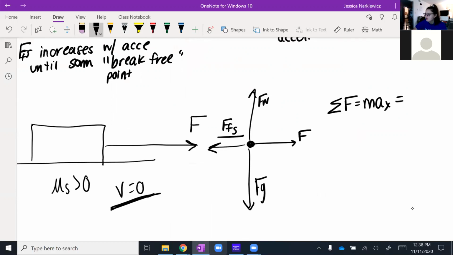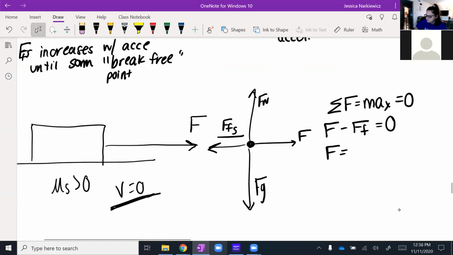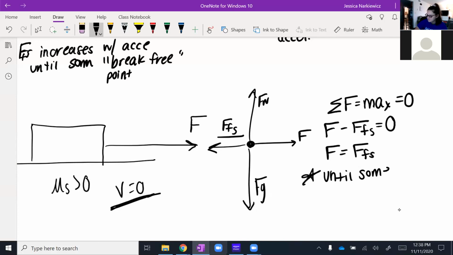because we're at rest, my acceleration is 0. And what that tells me in the x direction is that my applied force is equal to my static friction force. Again, though, this is until some maximum applied force.